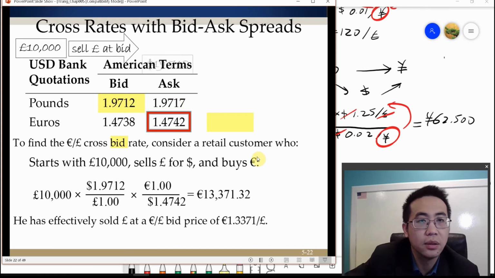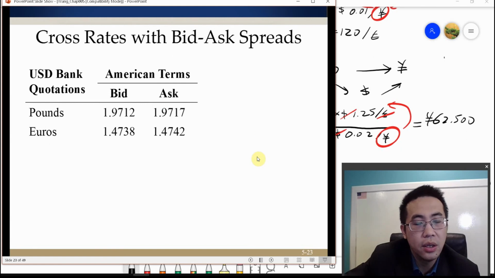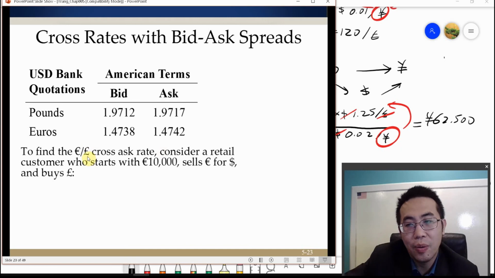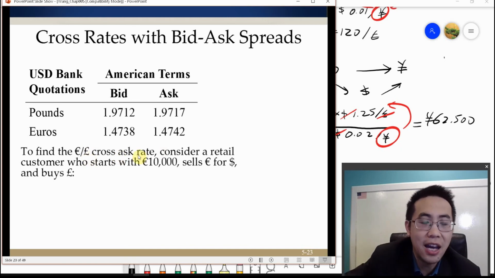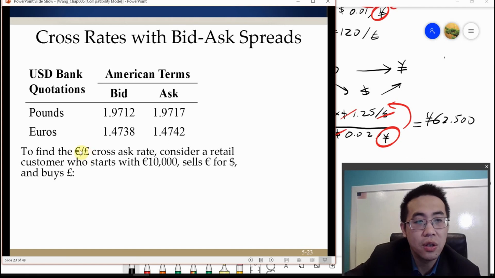Okay, right here you have a cross rate with a bid-ask spread, and this time you want to find the euro price per pound ask rate. Okay, so an ask is always about buying things. It's always the higher rate. And which currency are you buying? You're not buying dollars. You're not buying euros. You're buying pounds. Remember, it's always the currency to the right of the slash line.